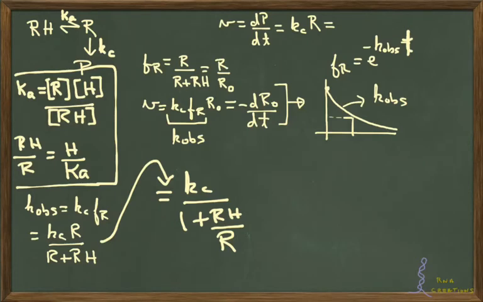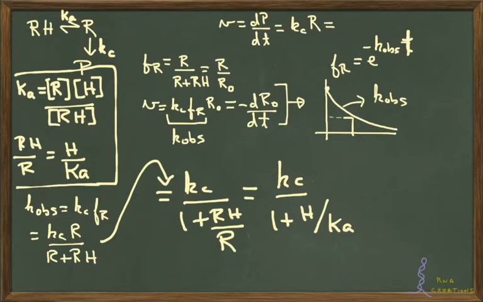Okay, 1 over R times 1 over R, same as multiplying by the number 1. So now I can substitute in. Like that.